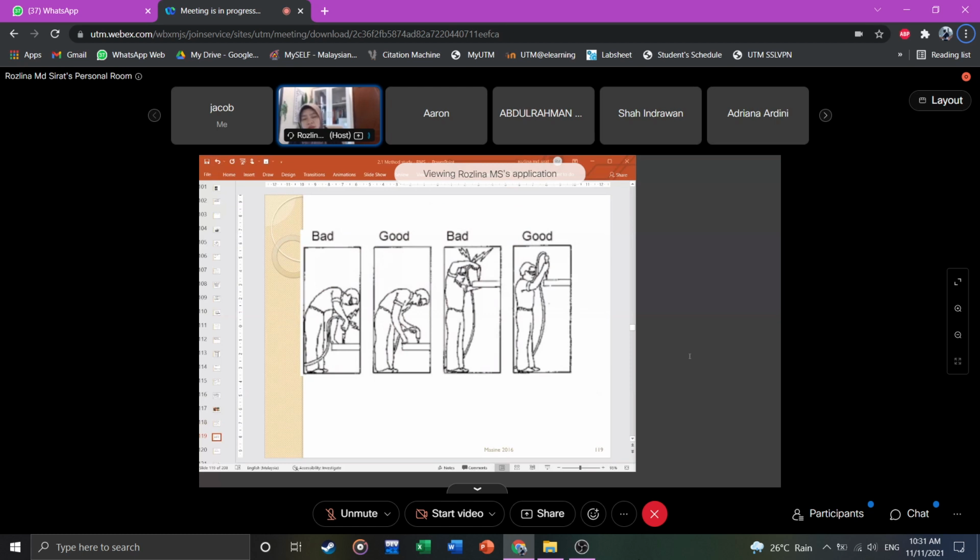Okay, this picture. Who wants to explain? What are the bad and good things here? Earlier was section 2. Okay, now, Tai Yo Wing. What are the bad and good things here?